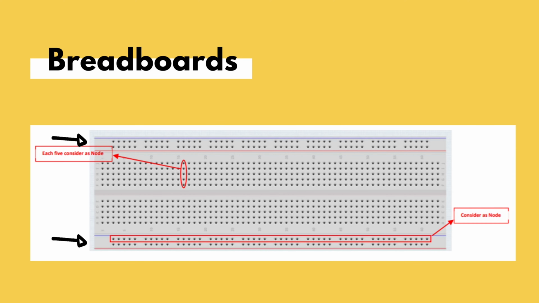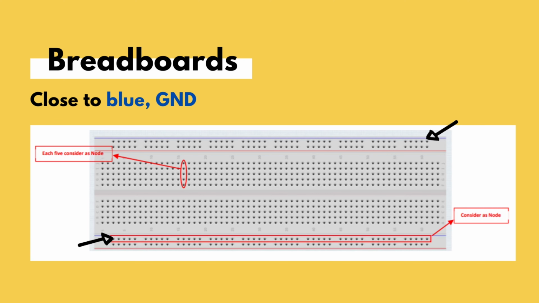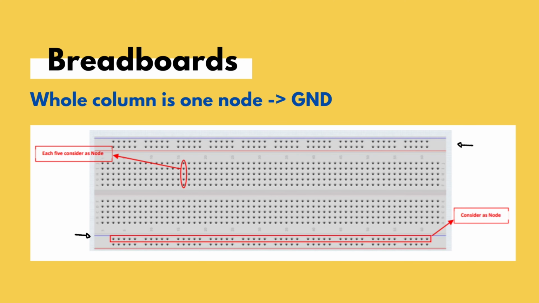Two outer columns are specifically for VCC and ground, and two inner columns are for connecting components. The two outer columns are bounded by two lines, one that is blue and the other that is red. The one closer to the red represents VCC, and the column closer to the blue represents ground.